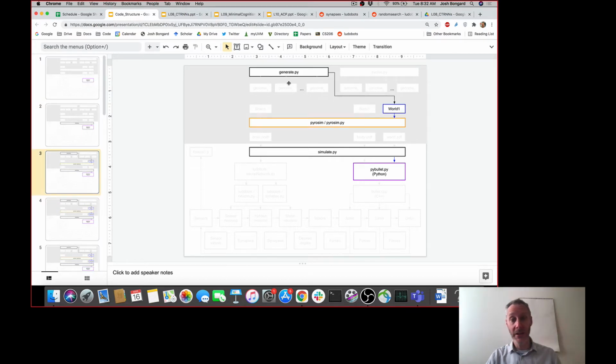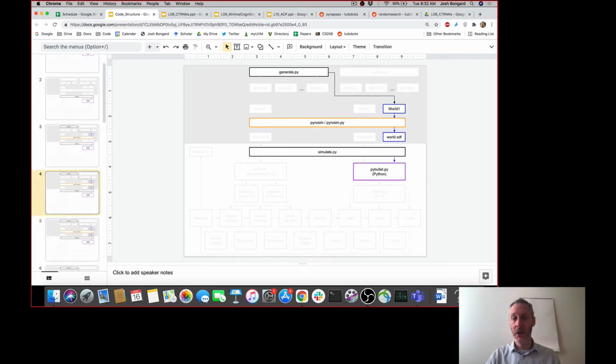You then created a generate file, which initially generated a world using the help of Pyrosim, which outputs an SDF file. That world is made up of a series of objects known as links, and PyBullet calls Bullet, and Bullet applies forces to the links, which updates their positions and orientations.